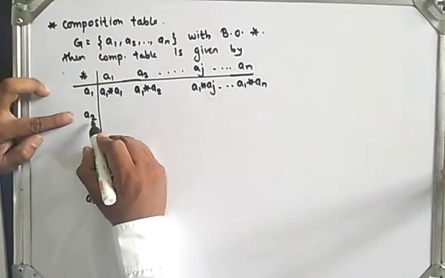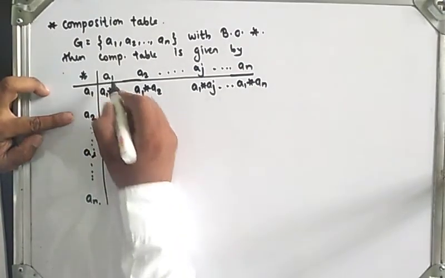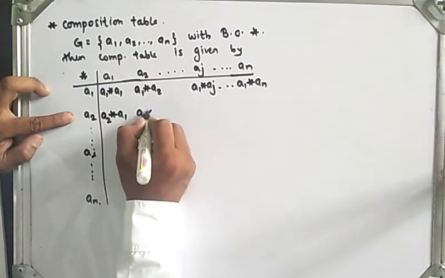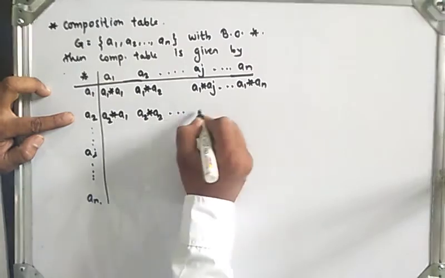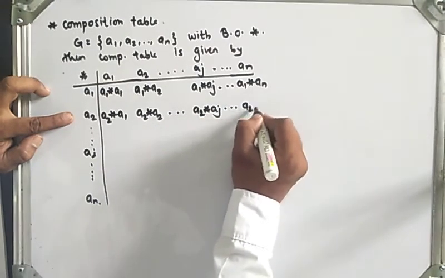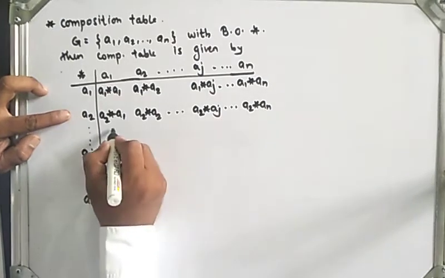Now for the second element a2 with a1, we will get a2 star a1, a2 star a2 up to so on a2 star aj up to so on a2 star an, and so on.